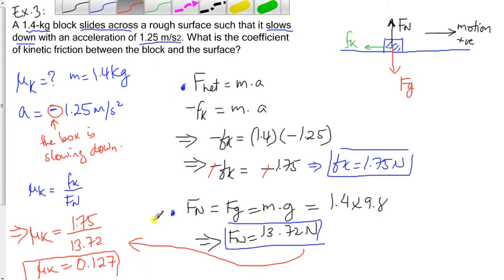This is the answer. So here we should be careful about two things. When it says slides, then the only force acting is the force of friction. And when it says the object is slowing down, then the object has a negative acceleration, minus 1.25.